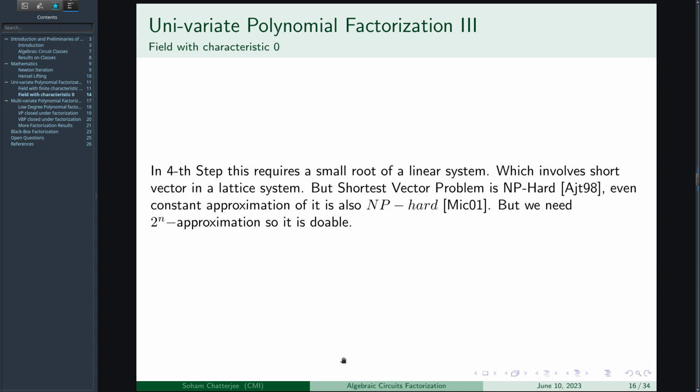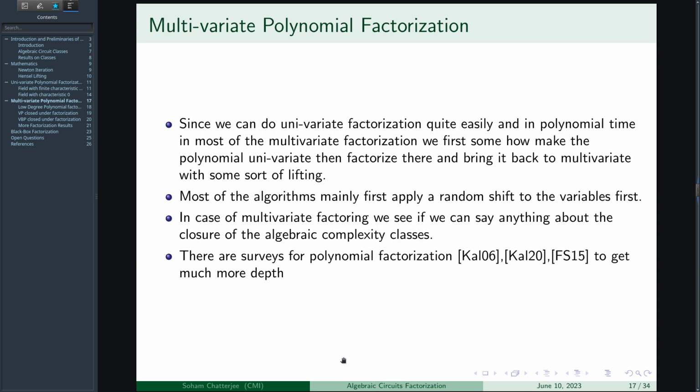Okay, now we will go to multivariate polynomial factorization. In multivariate, most of the time we cannot factorize directly. In a univariate polynomial of degree d, the number of monomials is at most d.